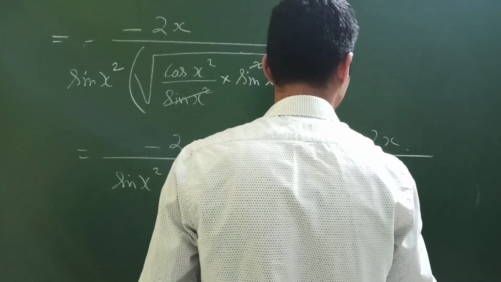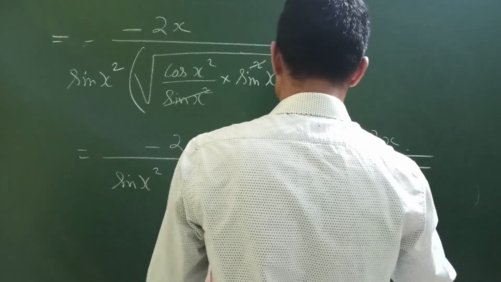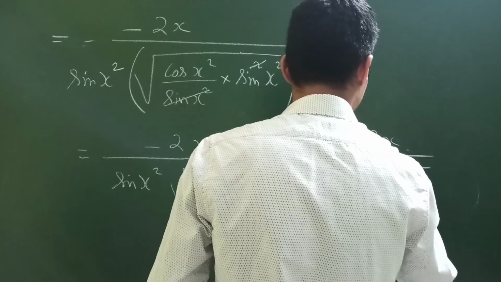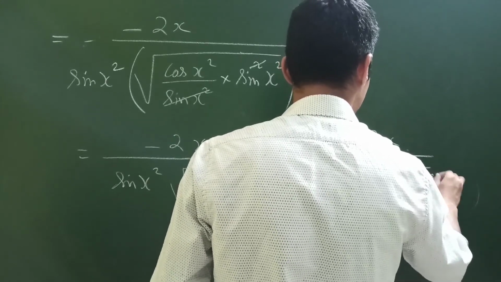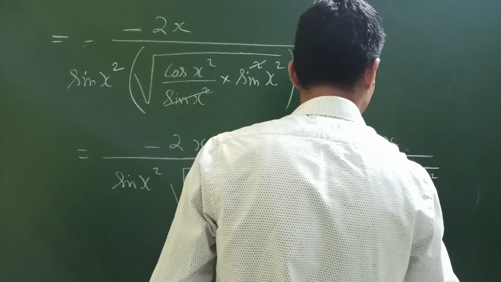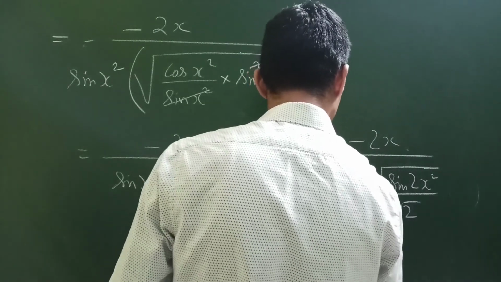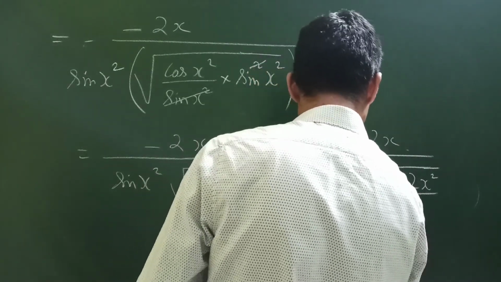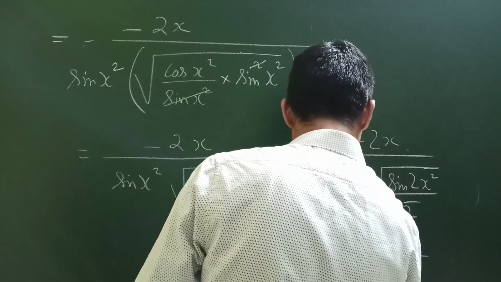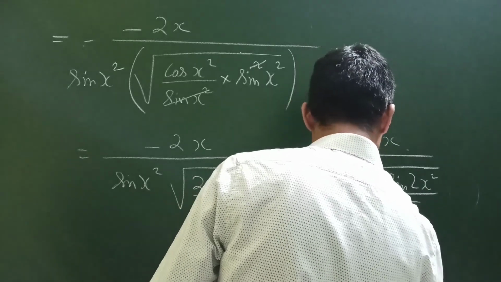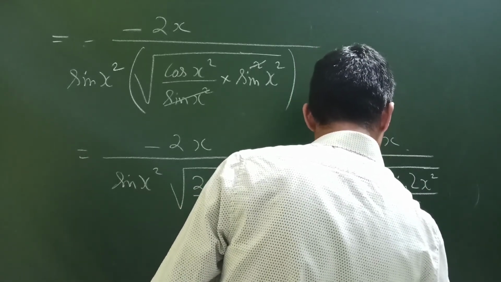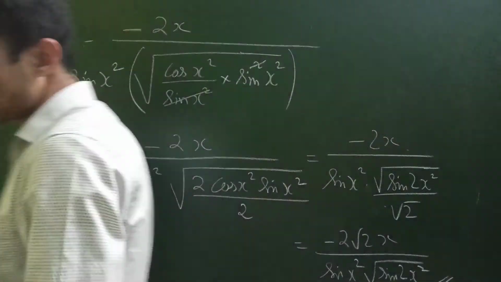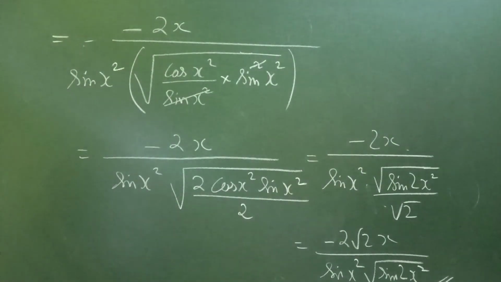If you remember, this value is 2 sin theta cos theta, that is sin 2 theta, divided by root over of 2. So our value is minus 2 root 2x divided by sin x square root over of sin 2x square. That's the textbook value.